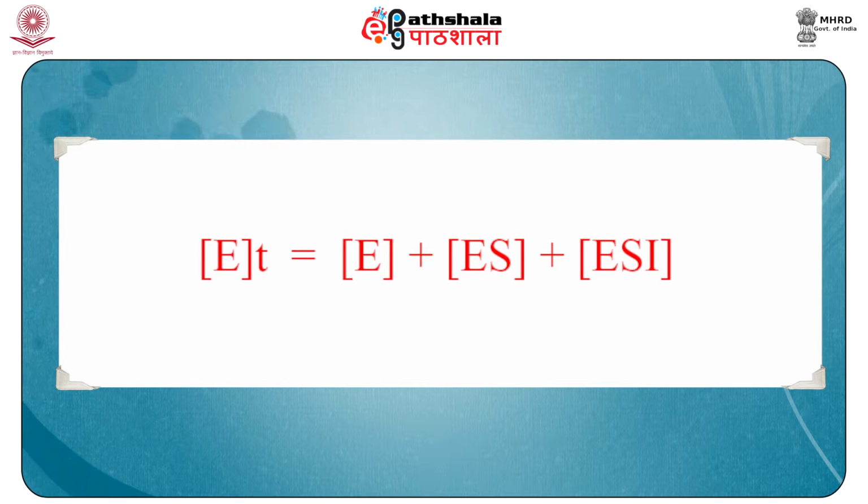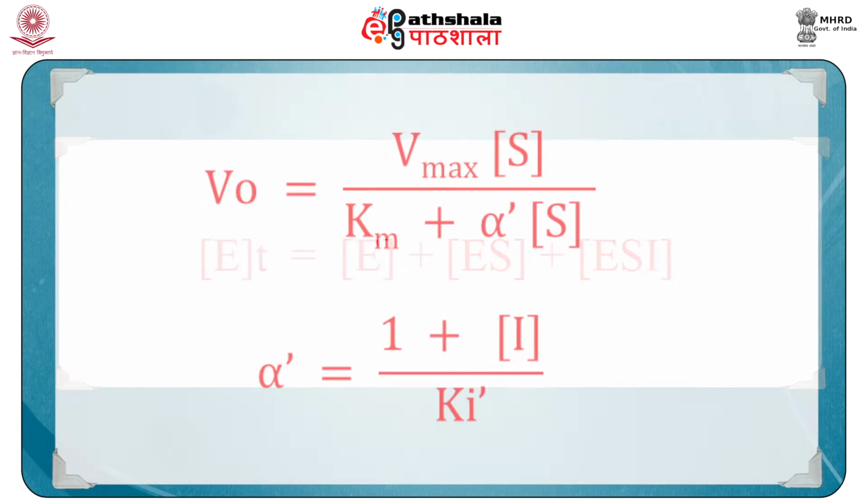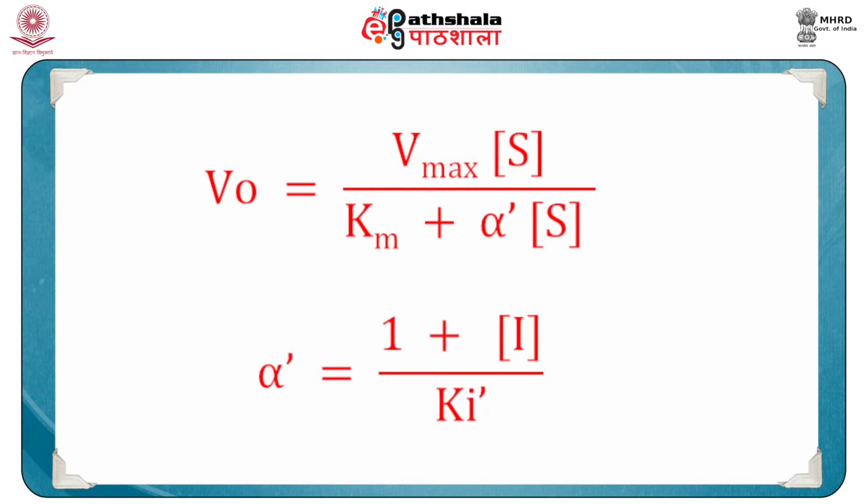deriving the Michaelis-Menten equation, V0 is equal to Vmax S divided by Km plus alpha prime S, wherein alpha prime is equal to 1 plus I divided by Ki prime, Ki prime being the dissociation constant of the ESI complex.